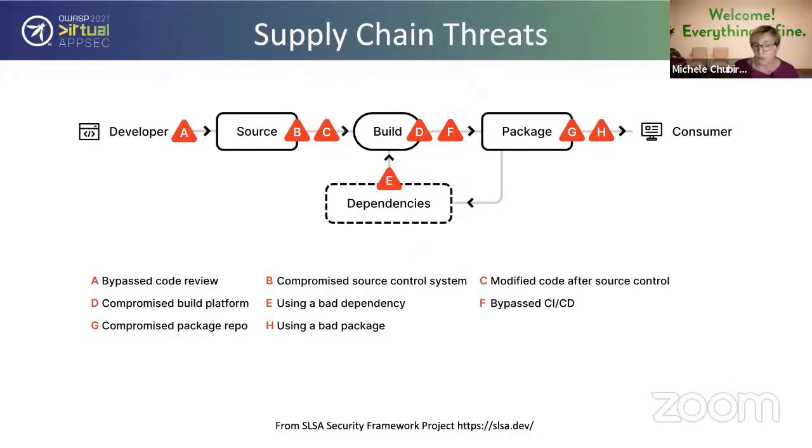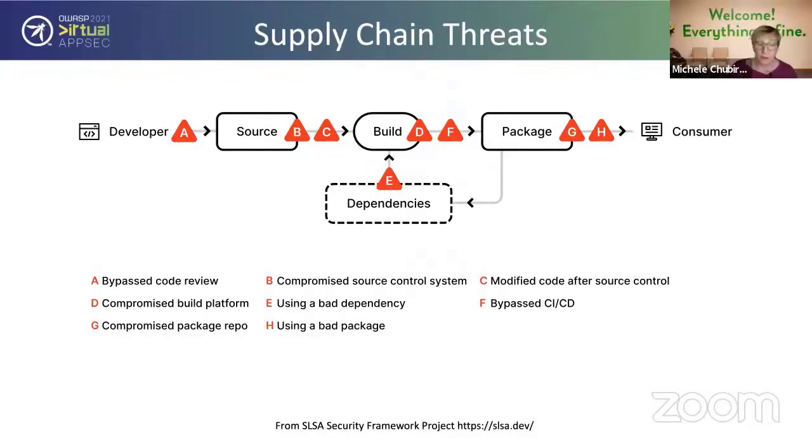A compromised source control system. Somebody's compromised your GitHub repository. Maybe there's a typosquatting attack. Somebody's modified the code after the source control. Ideally, your source code should be certified or attested, and in a situation where you're not really doing that, you could have code that becomes dirty or drifts after source control.